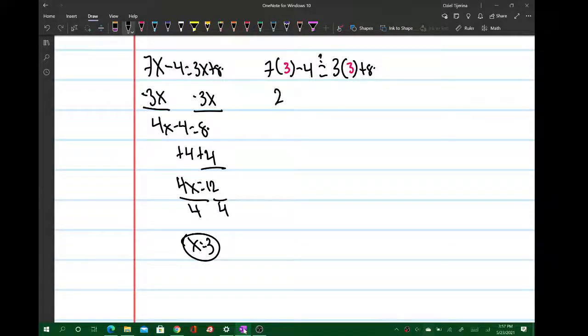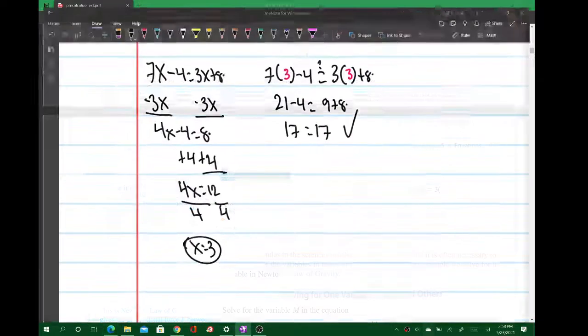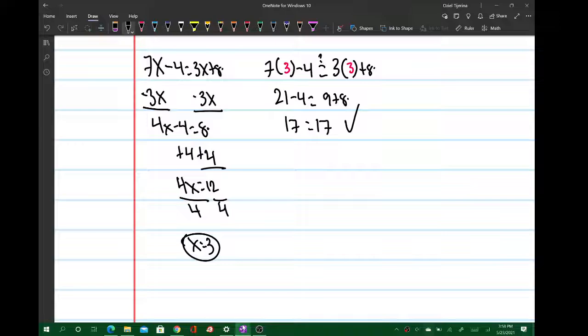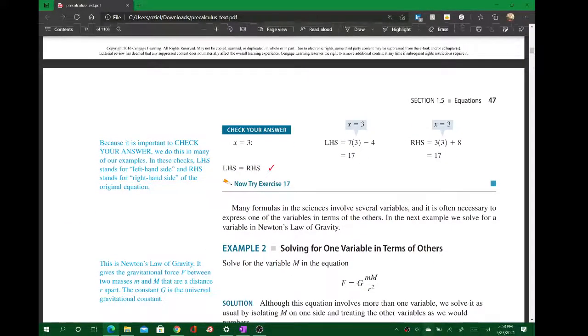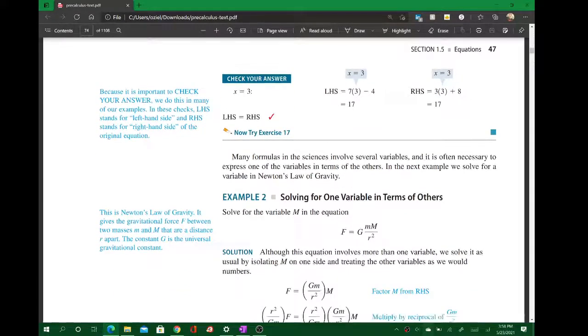You would do 21 minus 4 equals 9 plus 8. 21 minus 4 is 17, and 9 plus 8 is also 17. So yes, it is a solution, as long as the left-hand side equals the right-hand side. That's what LHS and RHS stand for. So 17 equals 17, and that's how it works.